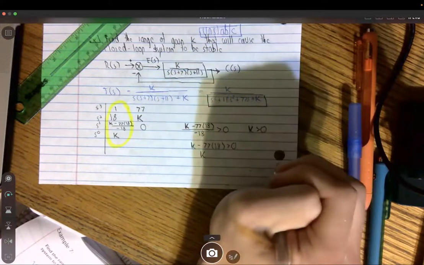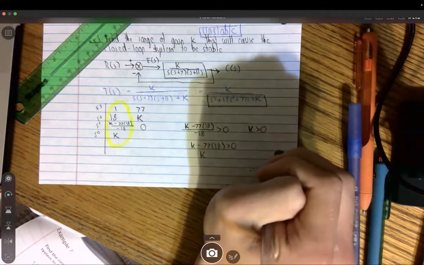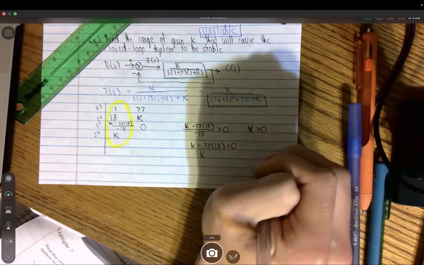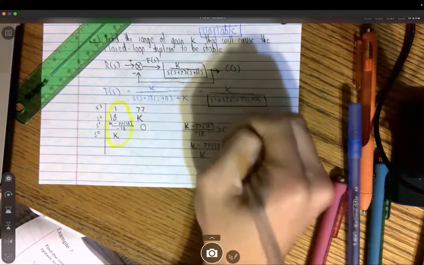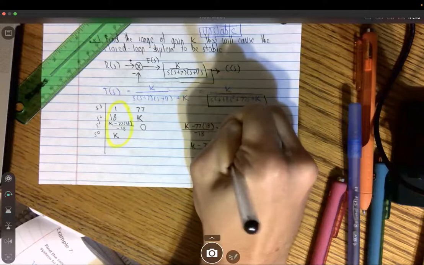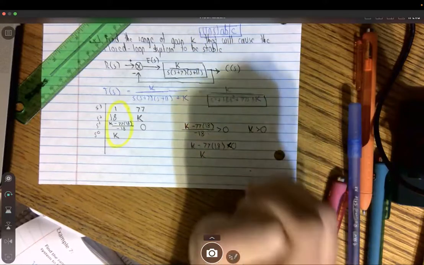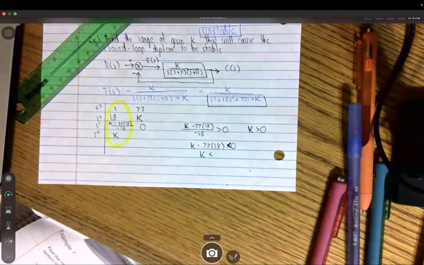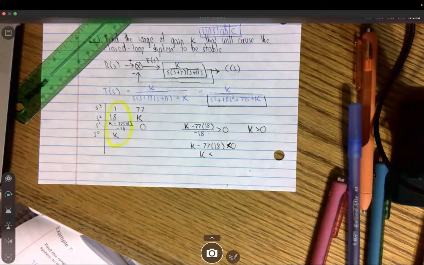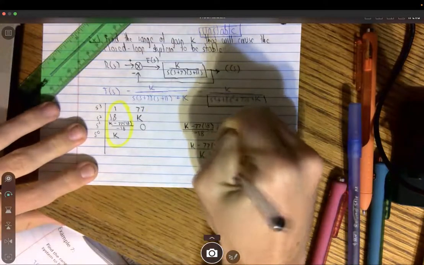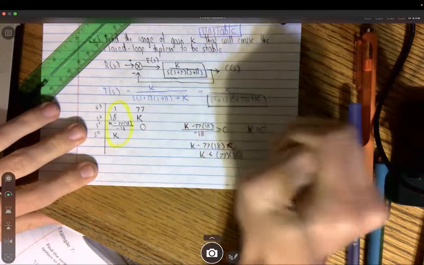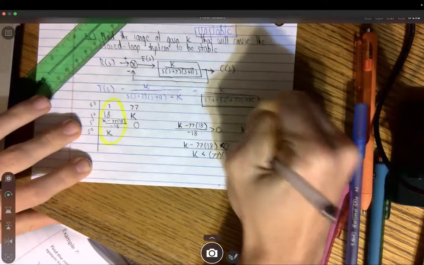Oh, because remember we multiplied by negative, that flips the sign. So that's why it would flip here. And then we're going to get K is less than 77 times 18. And then here we still have K must be greater than 0.